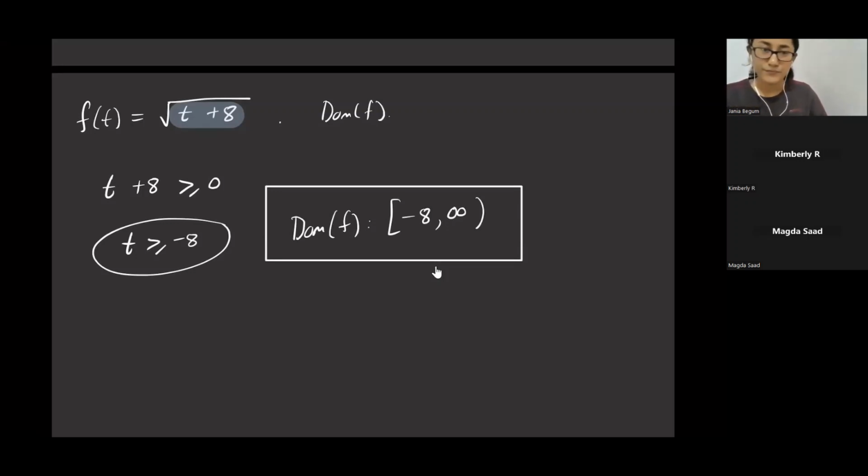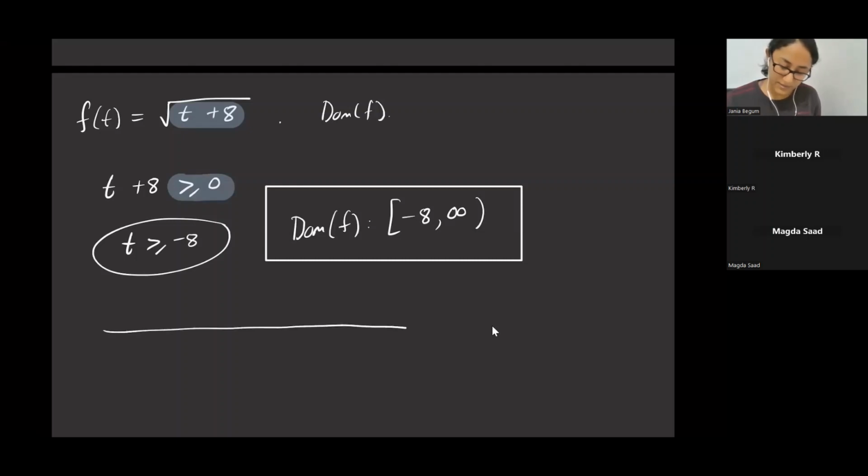Isn't it like a union to infinity? Or we don't have to include that? I thought it was going to be -8 to infinity union, well, not negative infinity, because this is greater than 0, right? So the negative piece doesn't come into the picture.